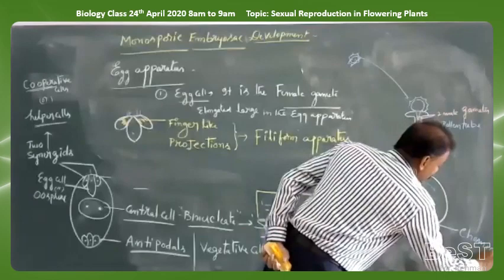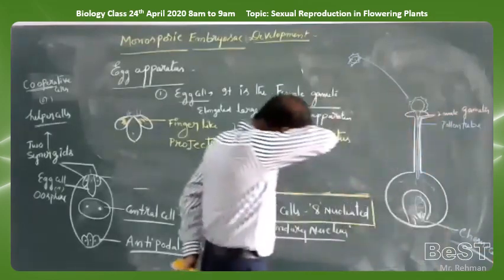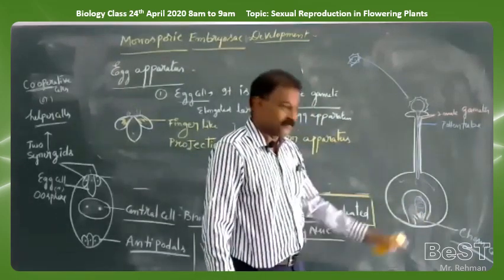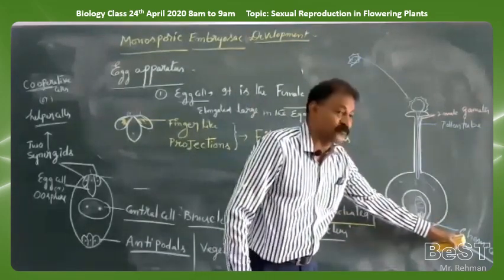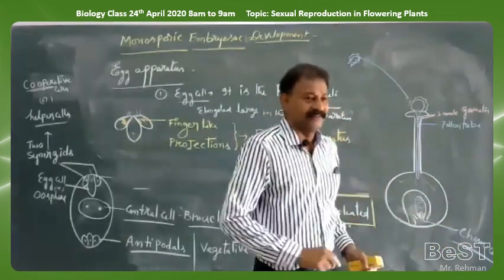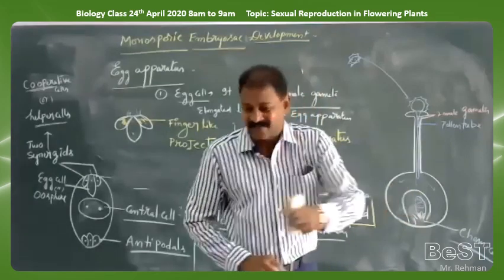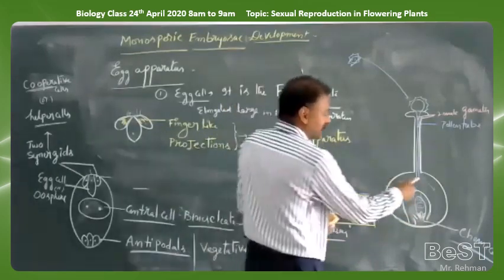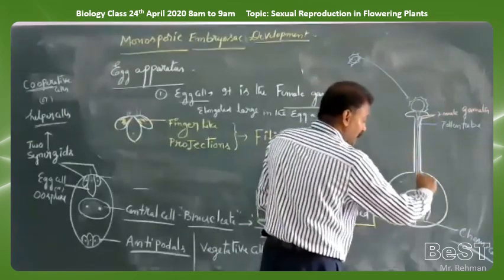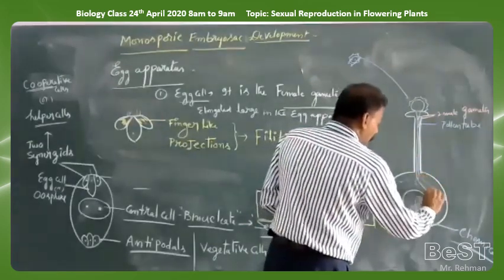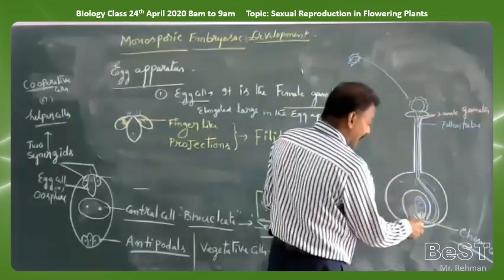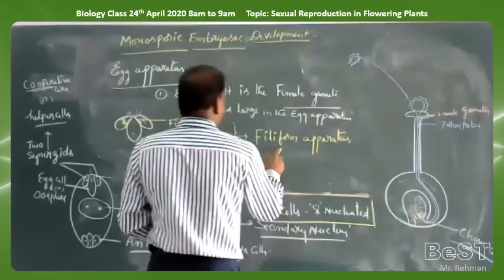Chemicals, maybe sugar substances, maybe acids, some chemical substances they will release here. Due to the chemical substances, like for an ant, if you keep sugar here, the ant will go there, or flies will go there. Like that, the direction of growth of the pollen tube towards the micropyle is guided by the filiform apparatus.